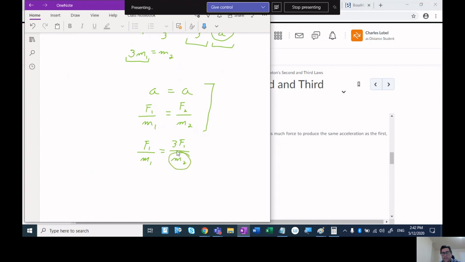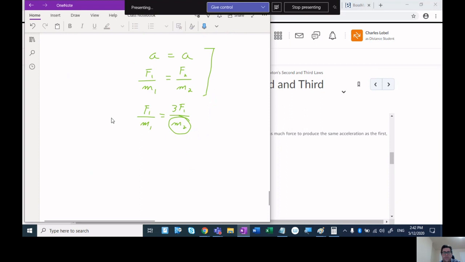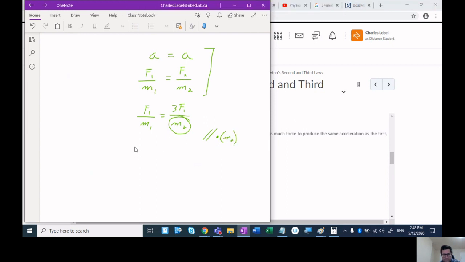Again, we're trying to isolate that because that's the kind of information we want. So you want to get this back on top. So what you need to do is times by M2, both sides.